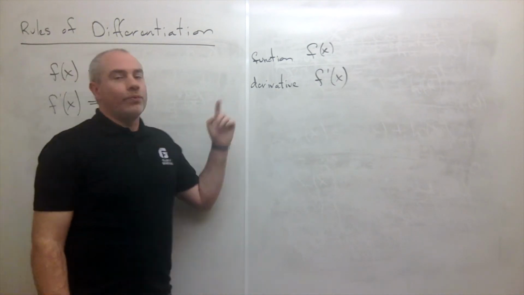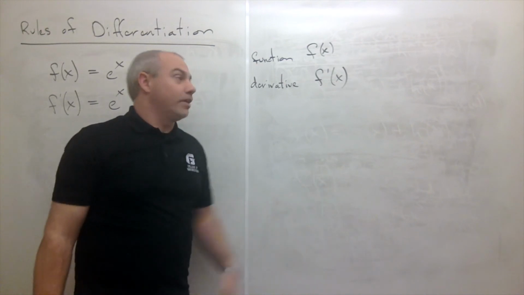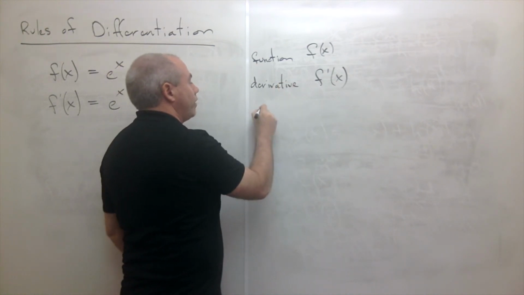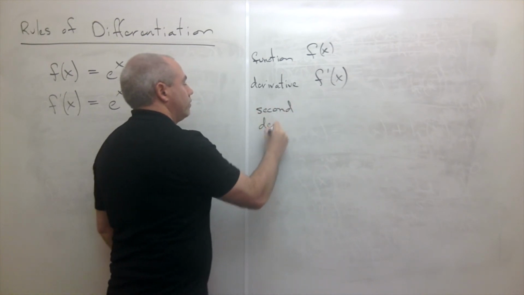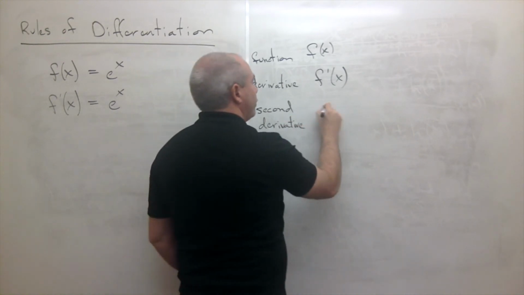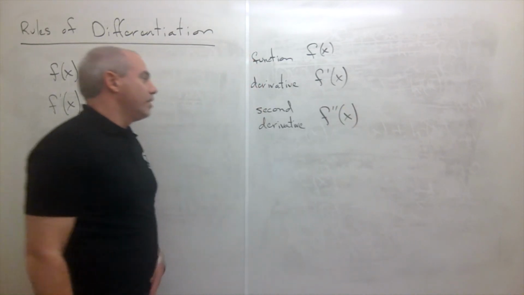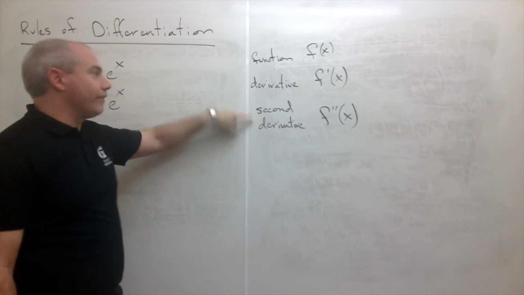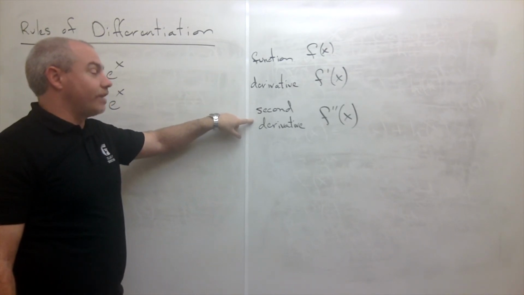Well, what if we were to take the derivative of the derivative? Okay, if I took the derivative of the derivative, then we get what we call the second derivative. And the second derivative we write as f double prime of x.